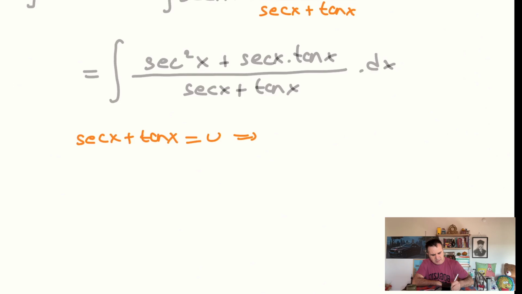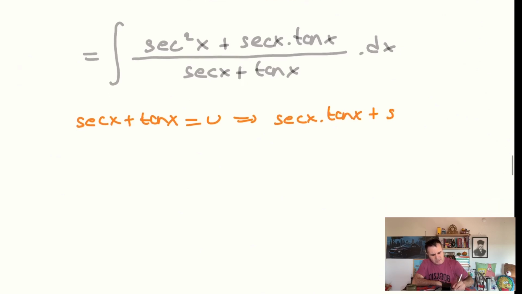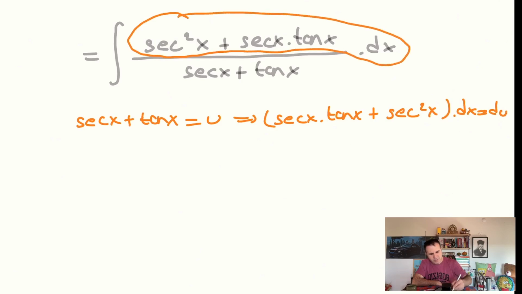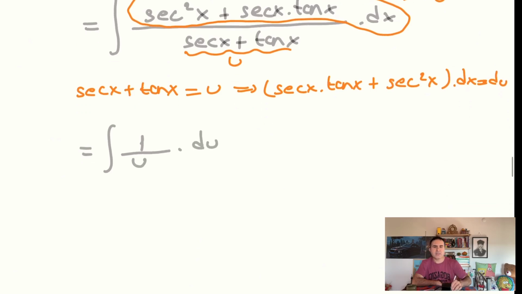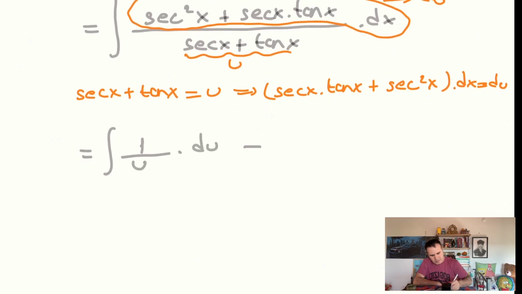Derivative of secant x is secant x times tangent x, and derivative of tangent x is secant square of x, times dx is equal to du. This means that here we have du, and this part at the bottom will be u. Then the integral becomes integral of 1 over u times du. The integral of 1 over u is ln absolute value of u.